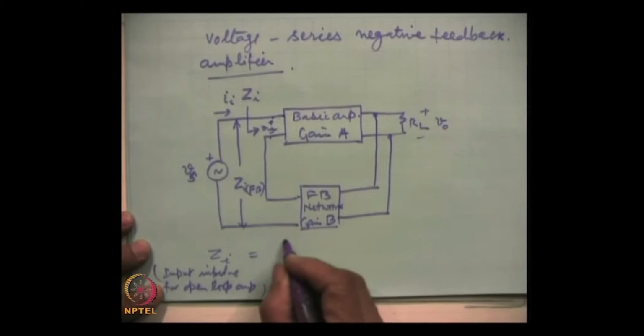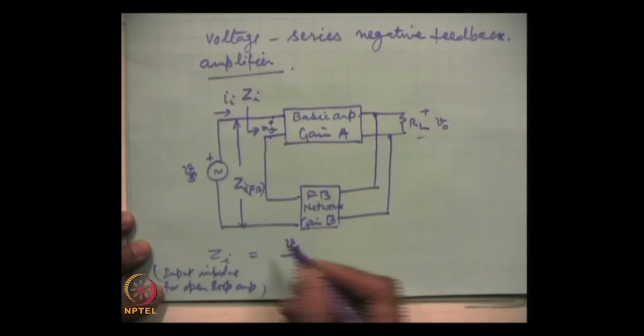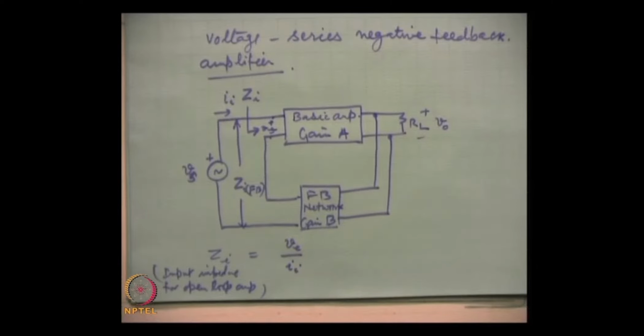So, this is V e by I, simple Ohm's law. This Z I is the impedance without feedback, open loop impedance.